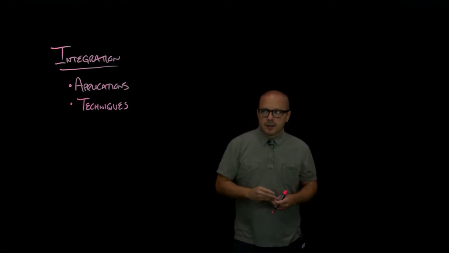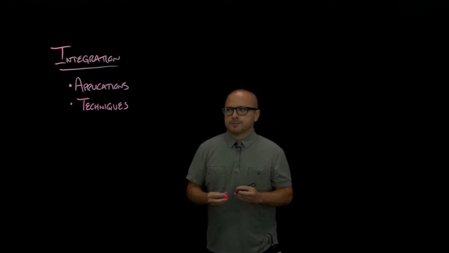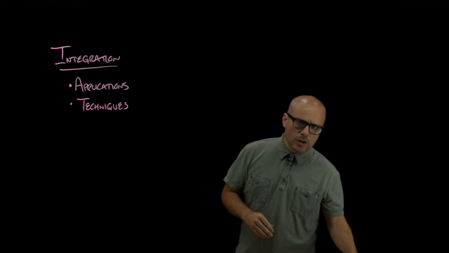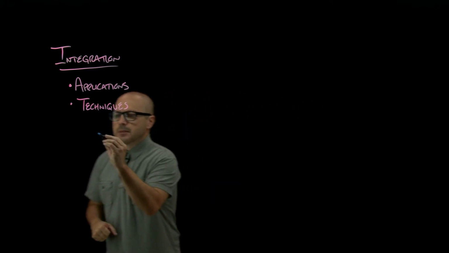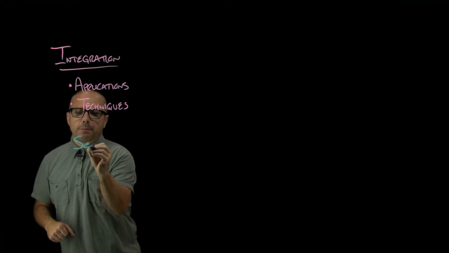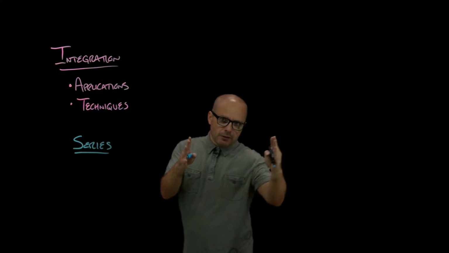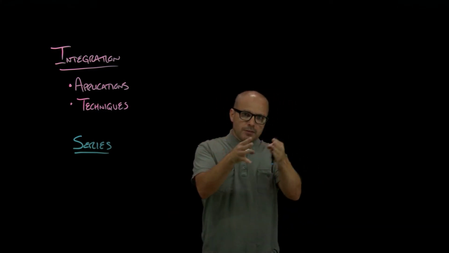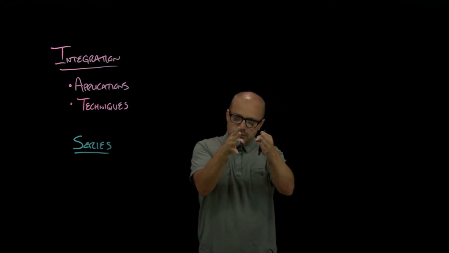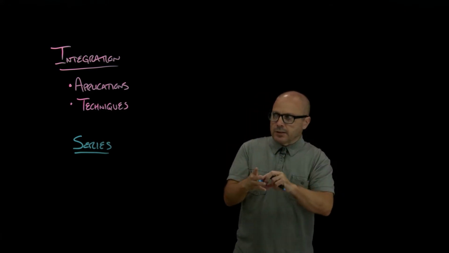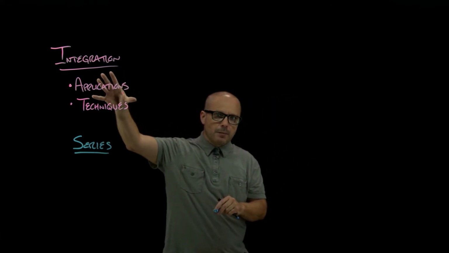And then closely related to that is what are called series. And if you think about an integral as a summing, right? If you think about the Riemann sum, you've got these rectangles, and we shrink them down. They get skinnier and skinnier, and we add up all those areas. So integration in itself is a summing.